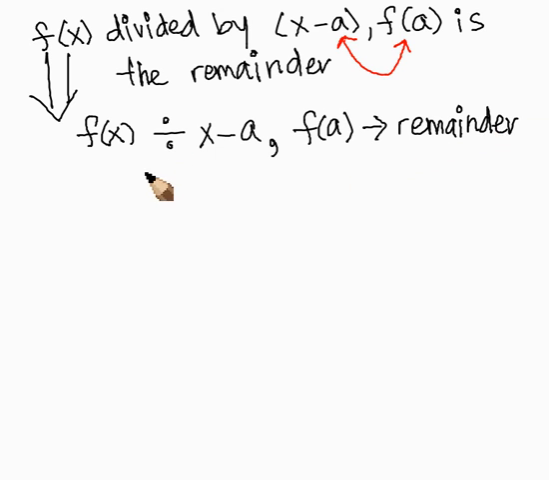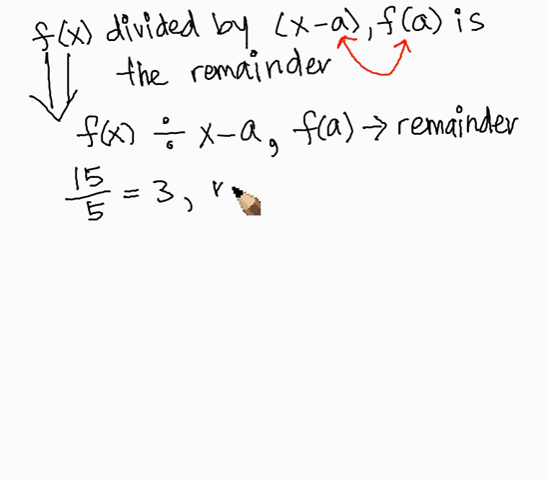Now what happens when there's no remainder? Think about numbers. 15 divided by 5 is 3. What do we call 5 and 3? I hear you, it's factors. I'm sure you know it's factors.